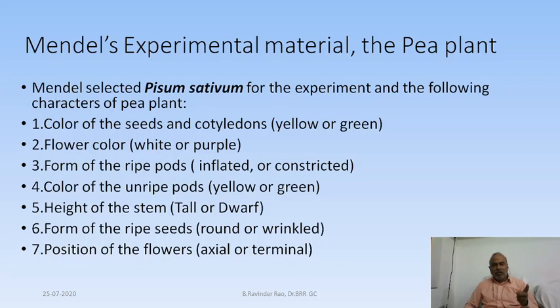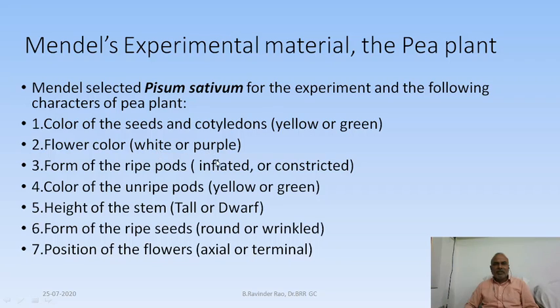Shape of the ripe pod is inflated or constricted. Color of the unripe pod is yellow or green. Height of the stem is tall or dwarf. Form of the ripe seeds, round seeds or wrinkled seeds. And the position of the flower, it may be either axial or terminal. What I am describing here, first yellow, later green, indicates that the first one is the dominant trait and the second one is the recessive one, and so on.